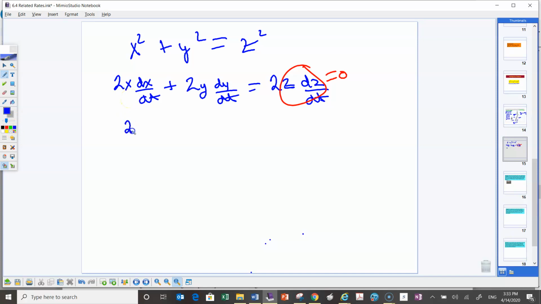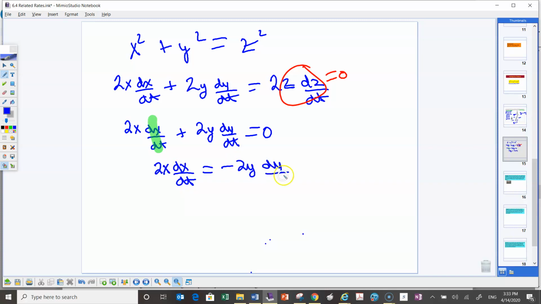So now I'm left with 2x dx/dt plus 2y dy/dt is equal to 0. And my goal is to find out dx/dt. So I'm going to subtract the 2y dy/dt to the other side. Divide both sides by 2x. And I can cancel out my 2's. So dx/dt is negative y over x times dy/dt.